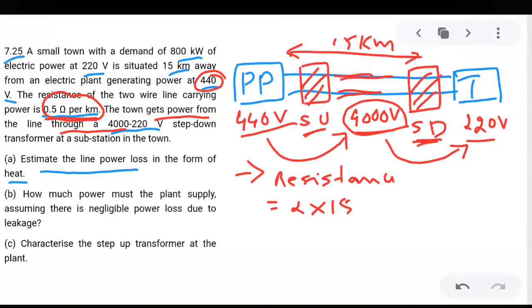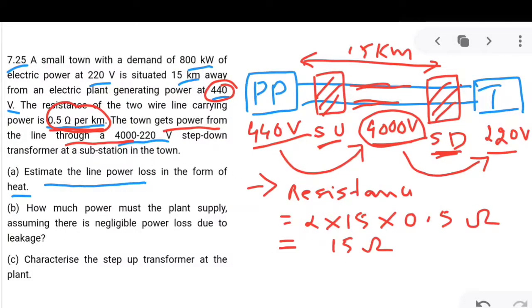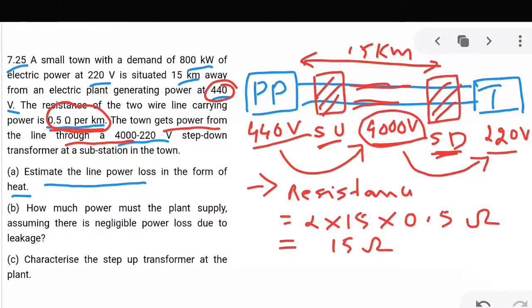So 2 into 15 into 0.5, so 2 into 15 is 30 into 0.5, so that will be 15. So 15 ohm is the total resistance.